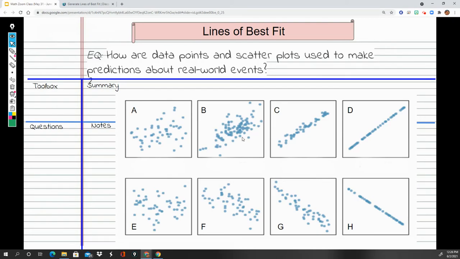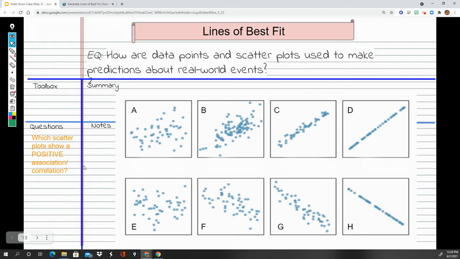We have 8 different scatter plots, and I want you to pause and take a look at those. Then I'm going to have a series of questions for you in the Edpuzzle, but let's start with this one. Which scatter plot shows a positive association or correlation?